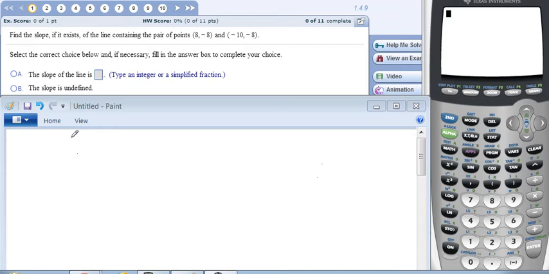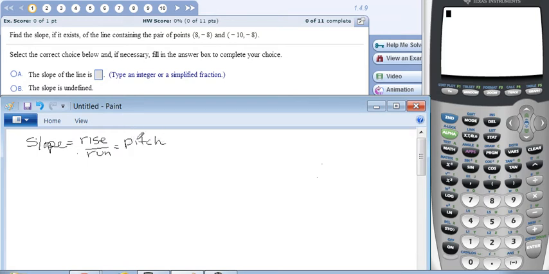Okay, first things first, we've got slope. When do we have a slope? Well, we only have a slope if we have a line. I haven't done this in a while, so I might be a little rusty. Slope is rise over run. It is the pitch of the line, right?